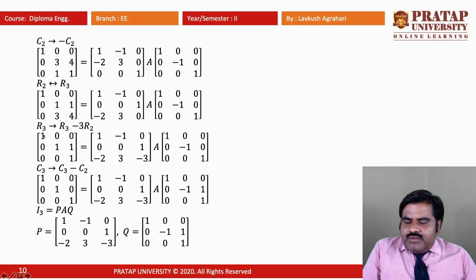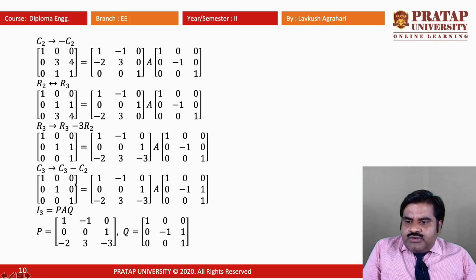Now the transformation is R3 is replaced by R3 minus 3R2. By this operation, the element (3,2) becomes 0 and (3,3) becomes 1. The same is reflected in the left side matrix of A. Now a column operation: C3 is replaced by C3 minus C2.